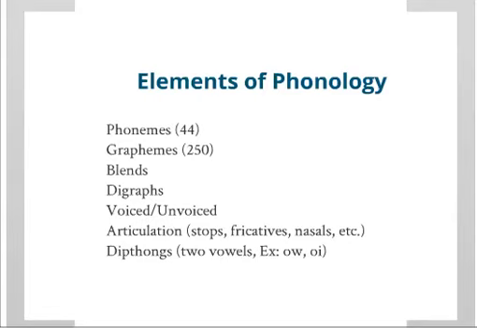Phonemes are elements of speech sounds. Graphemes are representations of speech sounds. There are blends, like in the word blend, the B and the L, two letters that run together to make a separate sound. Digraphs, where two letters are together and are sounded individually. There are voiced and unvoiced sounds.